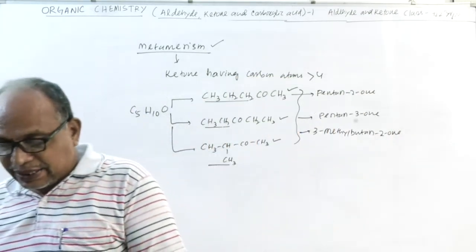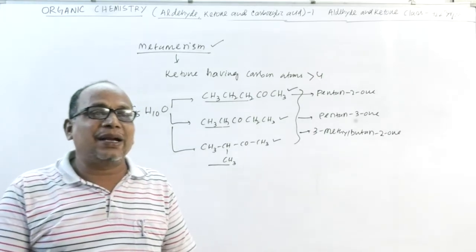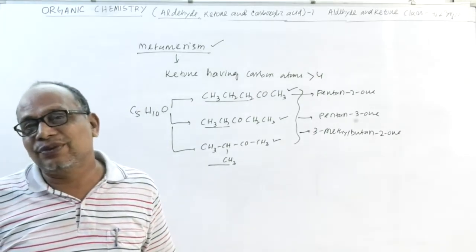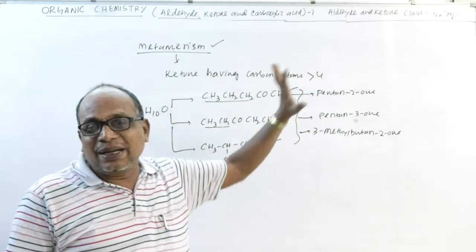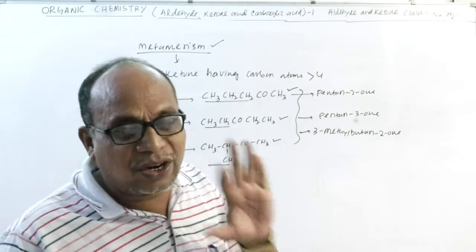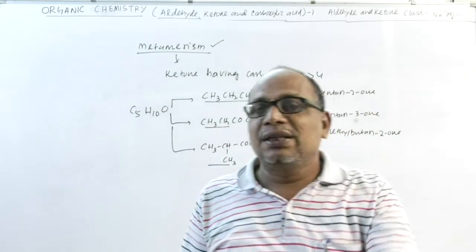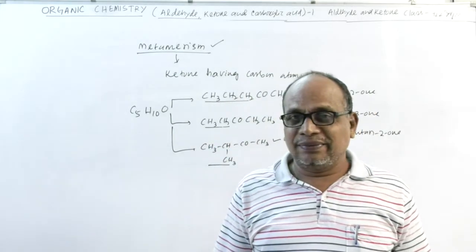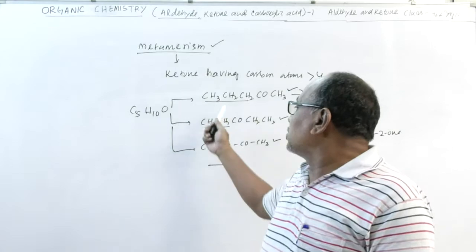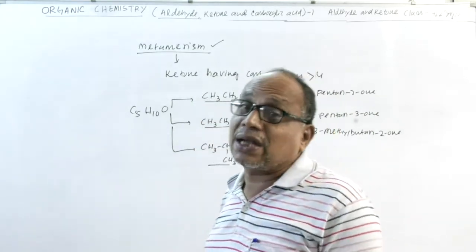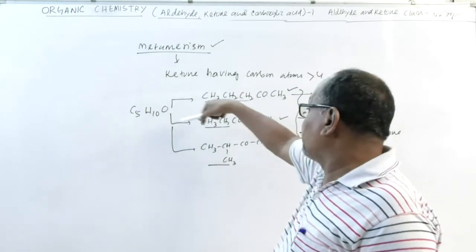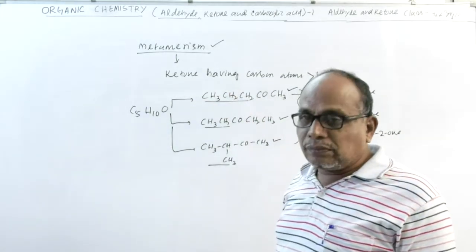You see the same molecular formula with different ketones, the functional group is the same, but different names mean different structures, and different structures mean different isomers. These isomers are called metamers, and this process is called metamerism.